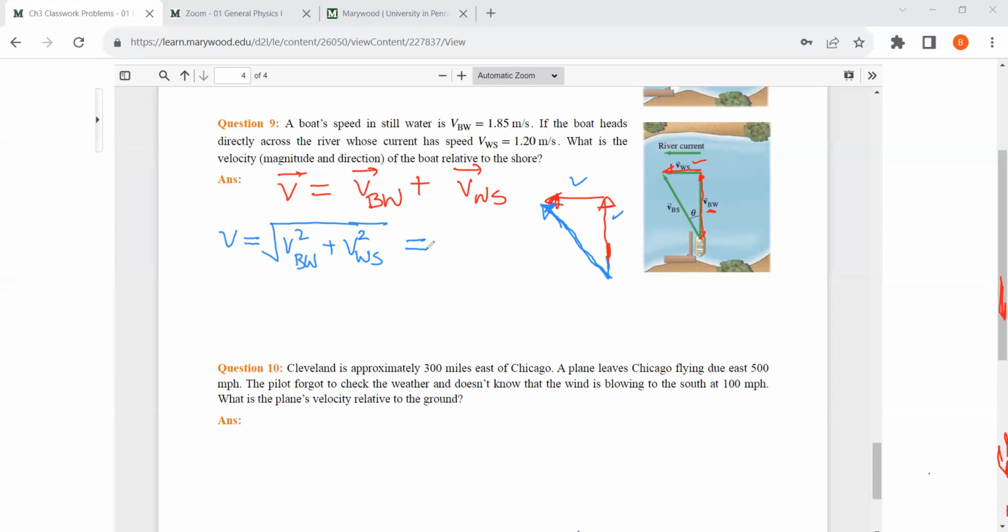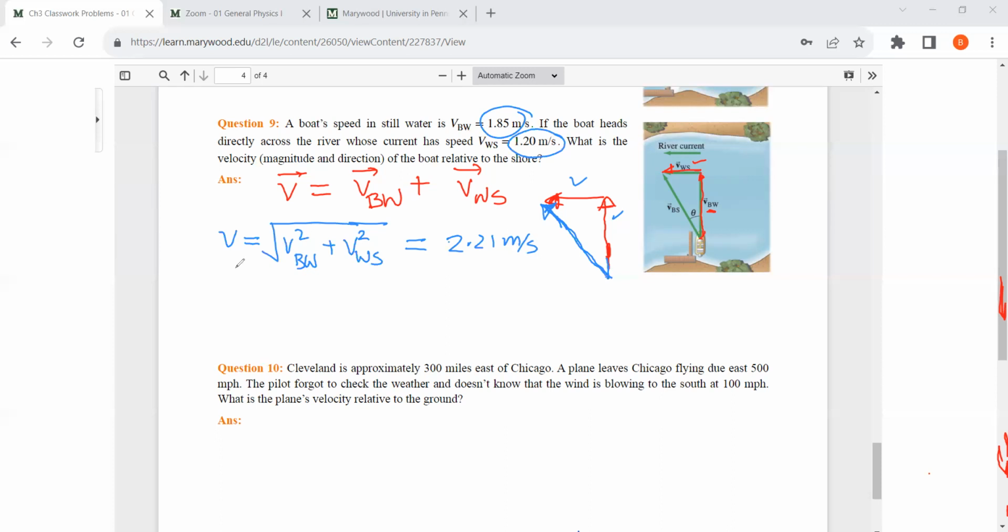If you plug them in correctly, this is current velocity, this is boat's velocity, you should get 2.21 meter per second. So this is the magnitude of the resultant velocity because of both the boat engine's velocity and the water's velocity.